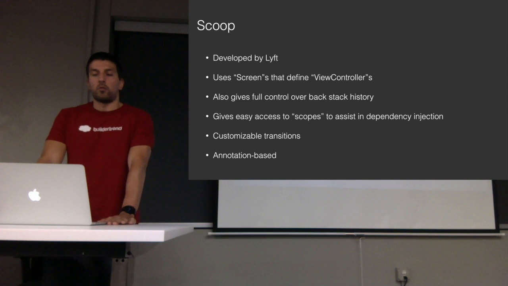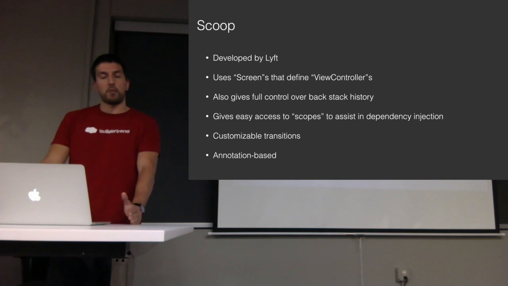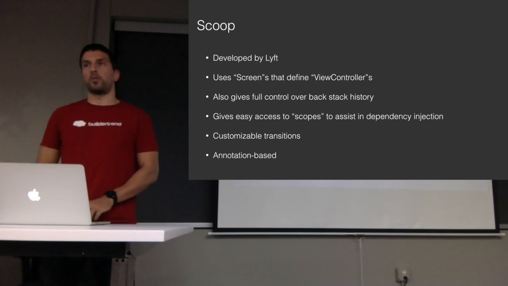And then Scoop is another one that's been gaining some popularity recently. It's developed by Lyft, and it's backstack management, so there's not as much boilerplate as Flow to set up, which is nice, but it also integrates scoping for you. So this kind of goes back to what I was talking about if you're building your own backstack management solution.